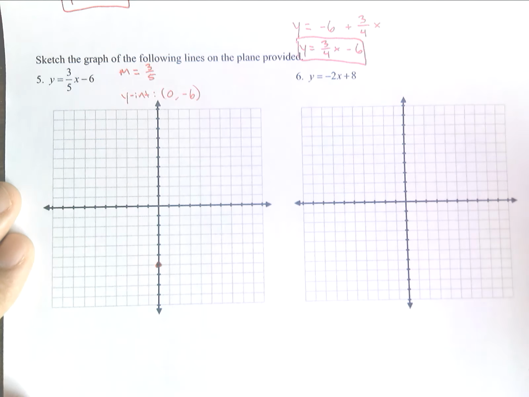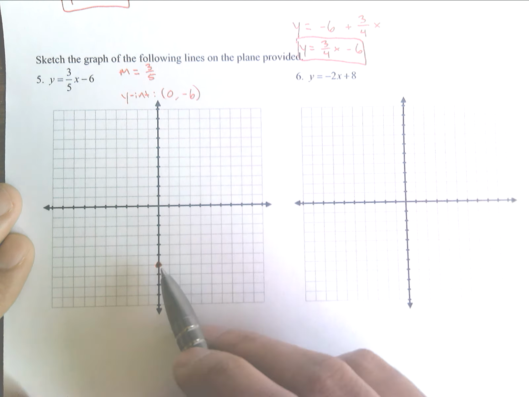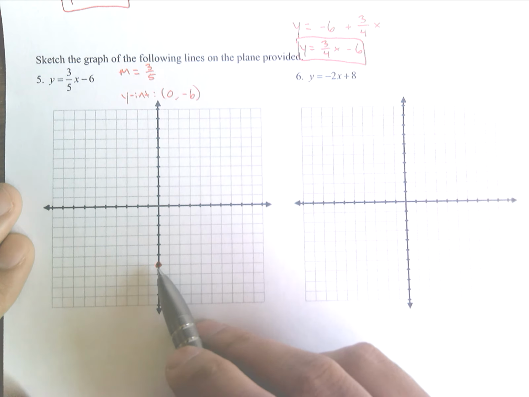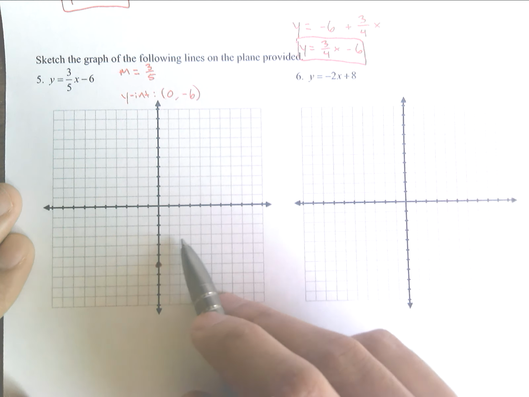From there, we get our second point by using our slope. So our slope is 3/5. Well, slope is rise over run. That tells us rise 3, run 5, or up 3 and right 5. So from our y-intercept, we're going to go up 3, 1, 2, 3, and right 5, 1, 2, 3, 4, 5.